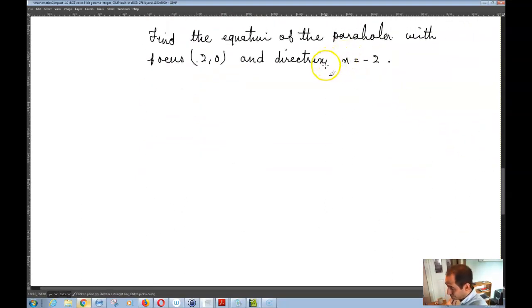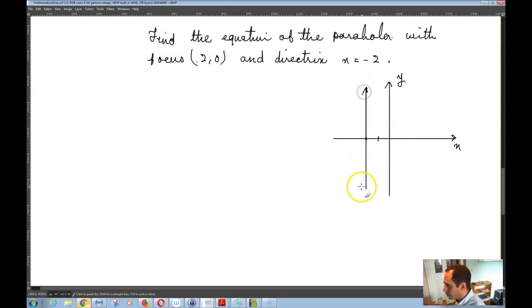Now, the way that I can understand this is, suppose that this is your x and y axis, and if x is equal to -2 is the directrix, then naturally the parabola is going to be somewhere over here.